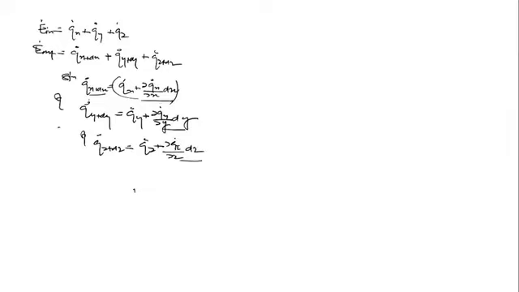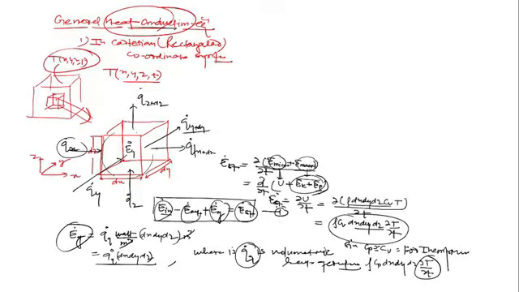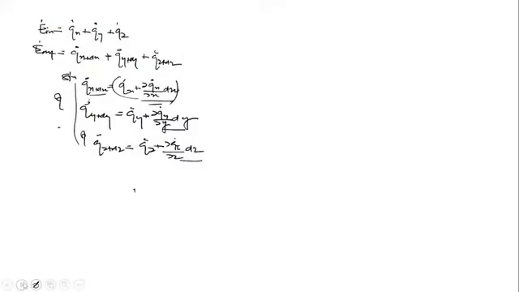If you put all these equations into the main energy balance equation, then q dot x minus q dot x plus dx is what? Please simplify.